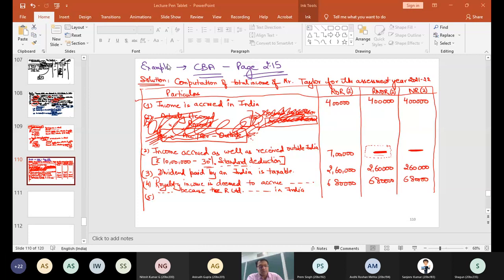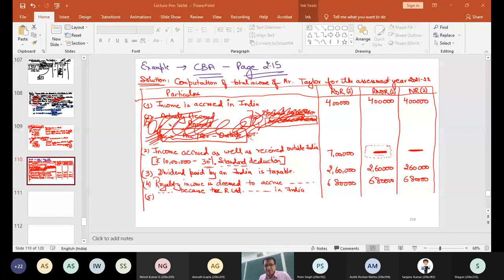Now I will give you the answer. So one thing is sure now, that this is the income which is accrued as well as received outside India. So what is the taxability of that? How will I tax this income now?